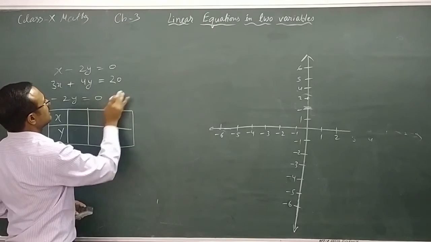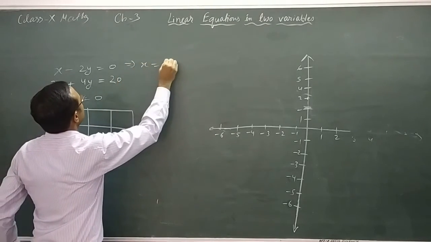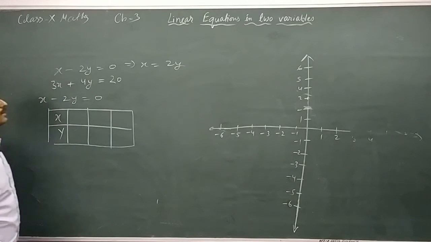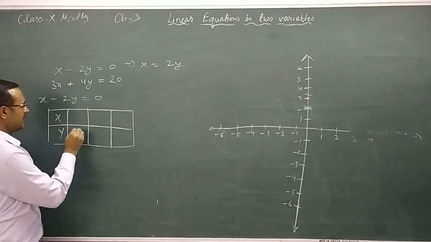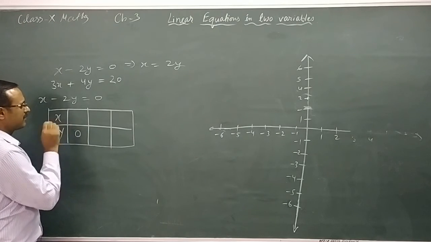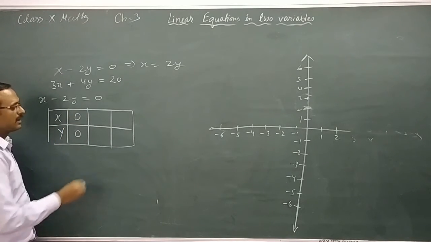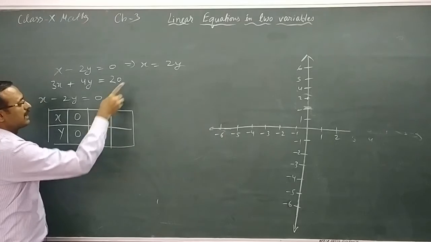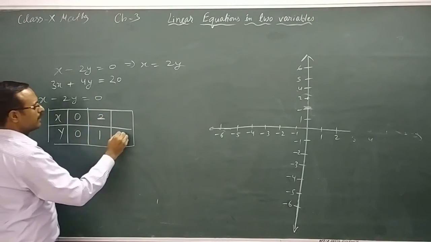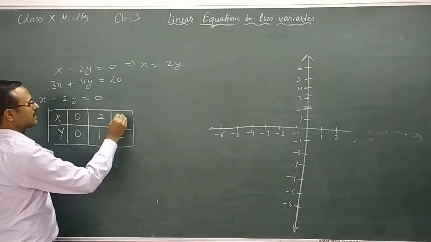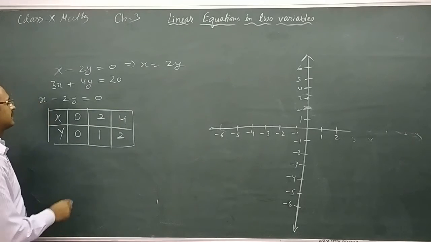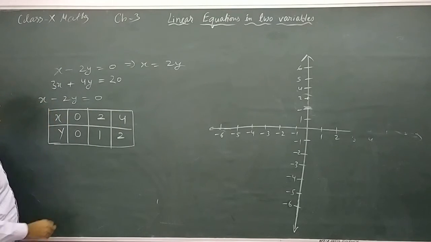This can be further written as x equal to 2y. So putting the value of y, we will obtain the value of x. If I take y equal to 0, x will be 0. If I take y equal to 1, x value will be 2. If I take y equal to 2, x will be 4. So these are the points for the first line.